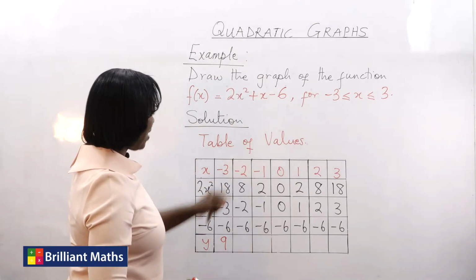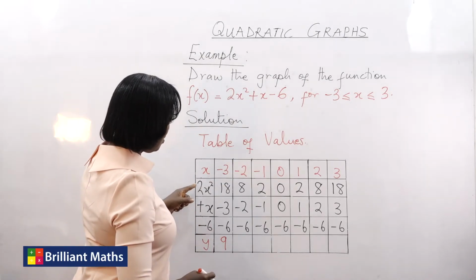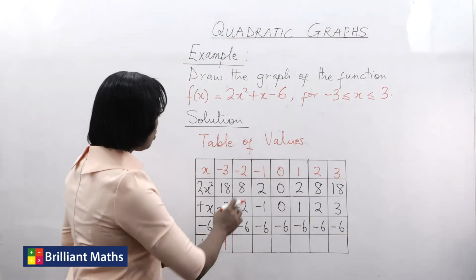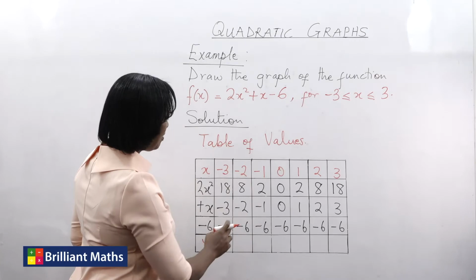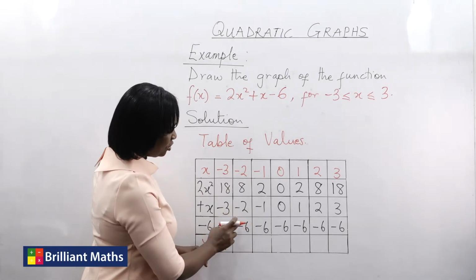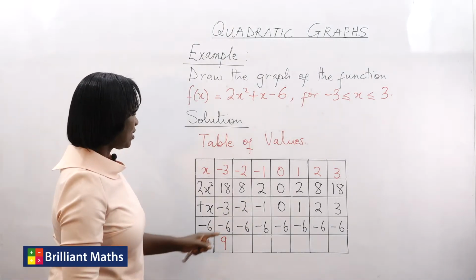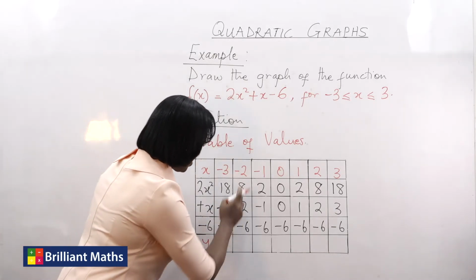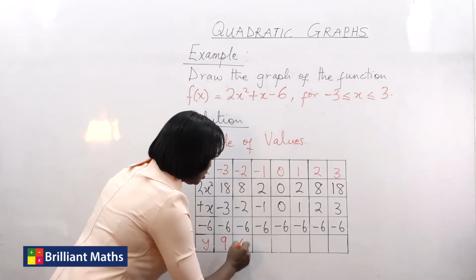Next, when x is minus 2, 2x squared plus x minus 6 will be 8 minus 2 minus 6. Minus 2 minus 6 is minus 8. So 8 minus 8 will be 0.